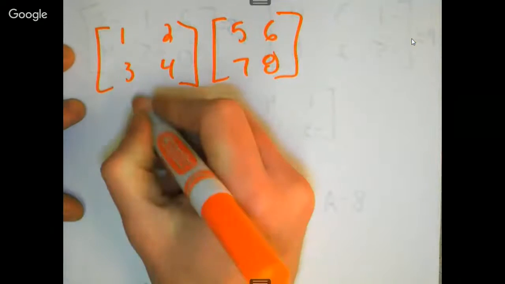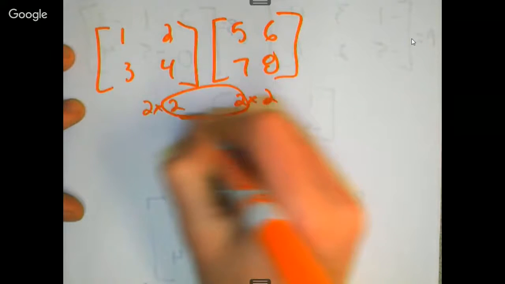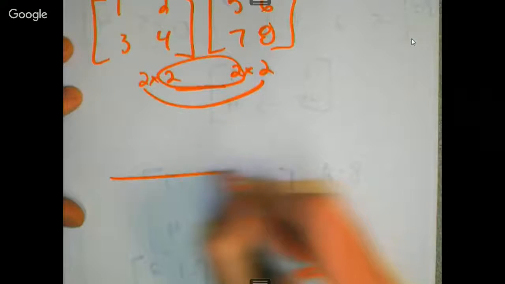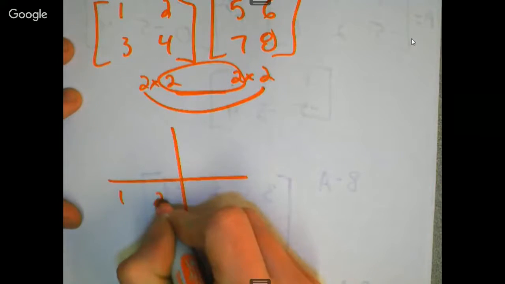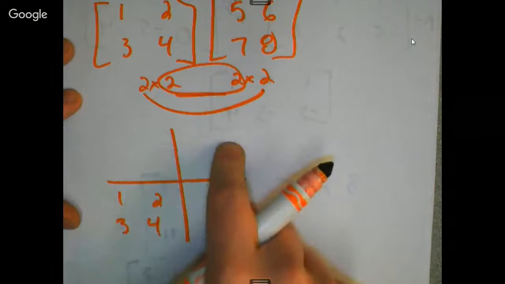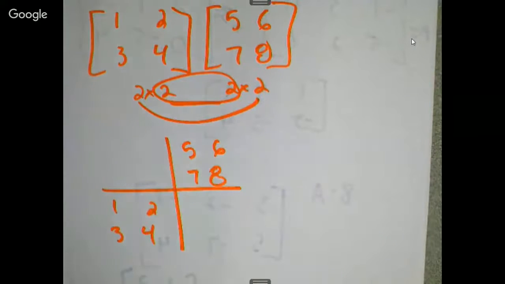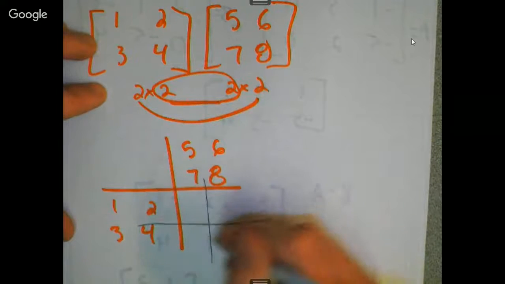Okay, so this is 2 by 2. This is 2 by 2. So these inside two numbers are the same, and I will end up with a 2 by 2 matrix. So if we set it up, the first matrix goes in the bottom. The second matrix goes in the top. And I will have 4 elements down here.